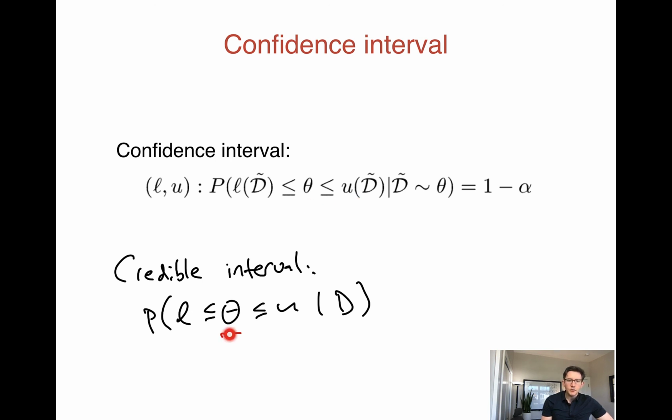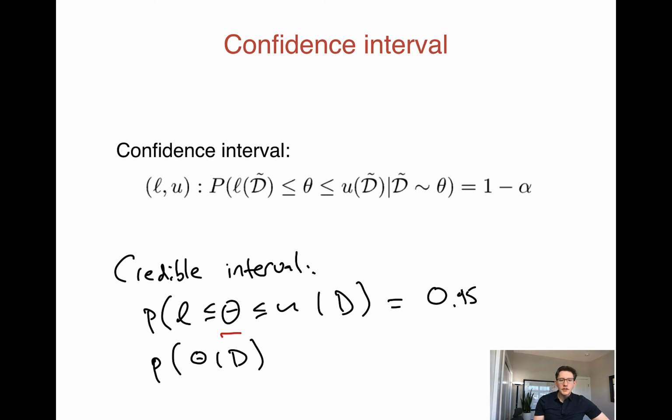But here in the case of credible interval, theta is in front of the condition. It's a random variable that we're reasoning about. So in some sense, a credible interval is a much simpler concept because it's just some way of distilling some full posterior distribution that we might get from asking what is probability of theta given D and distilling it down into some interval such that the probability is, let's say, equal to 0.95.